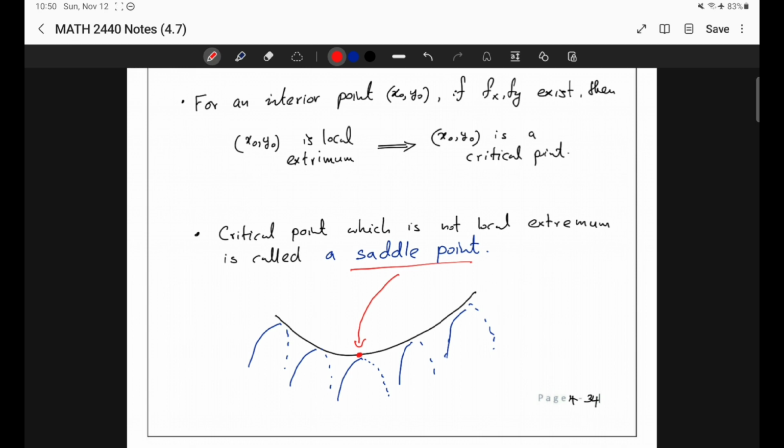Now, okay, the question is, you can find all the critical points. How can you know whether it is a maximum or a minimum or a saddle point? The technique is the second derivative test.